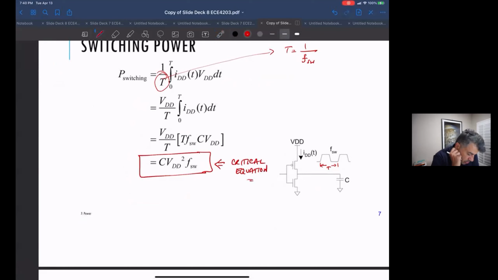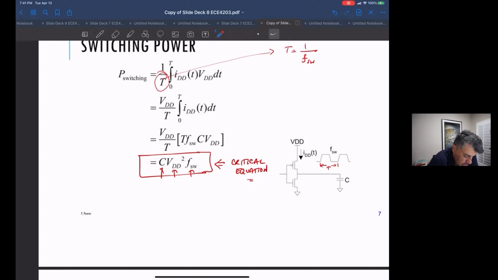It was seared into every chip designer's brain: CV squared F. The V being the power supply, F being your switching frequency, and C being your load capacitance. So this ends up being the power consumption of a CMOS circuit operating at a certain frequency with a certain capacitive load at a certain supply voltage.